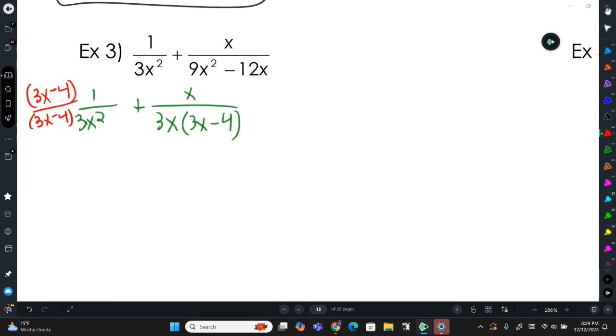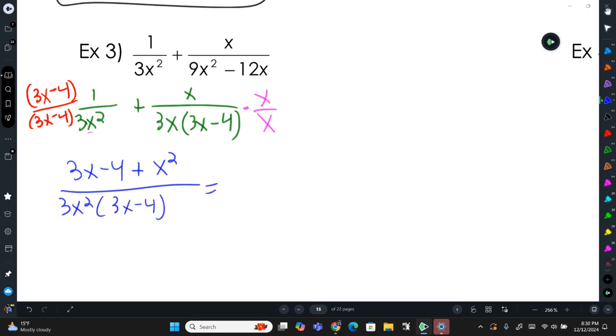The second one looks like it has everything, but it's missing an x squared, because the denominator here is 3x squared and this is just 3x. So we have to multiply by x over x. So 3x minus 4 times 1 is just going to be 3x minus 4, plus x times x is x squared, over 3x squared times 3x minus 4.